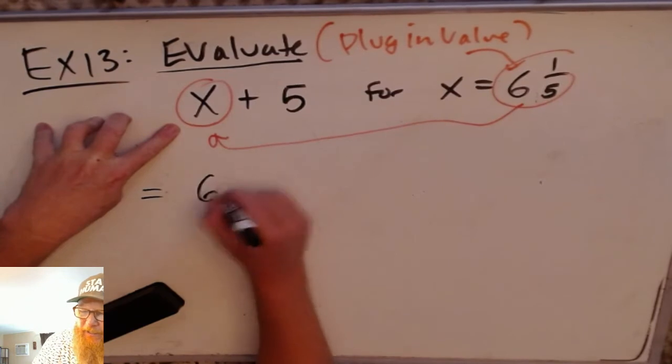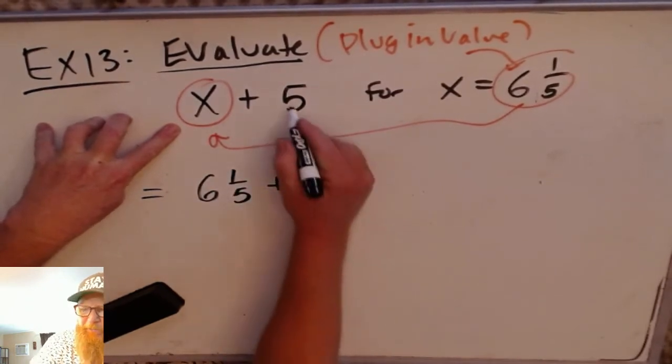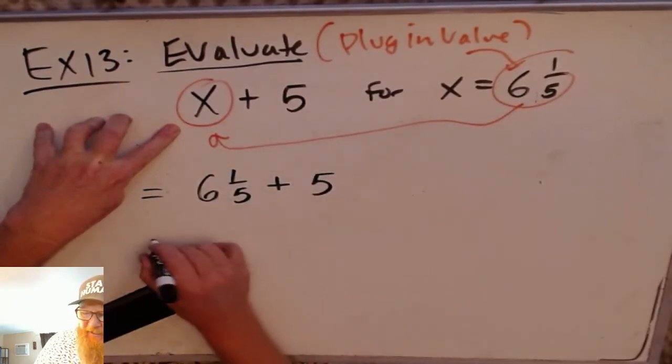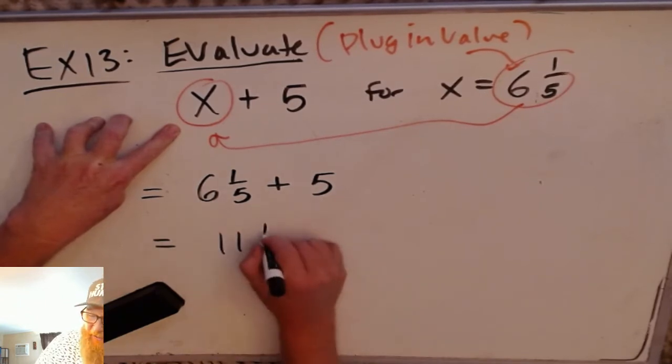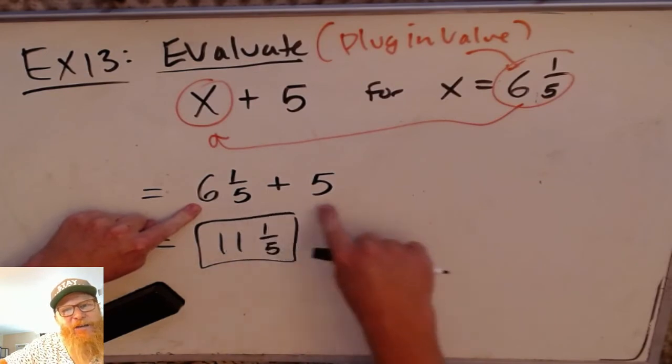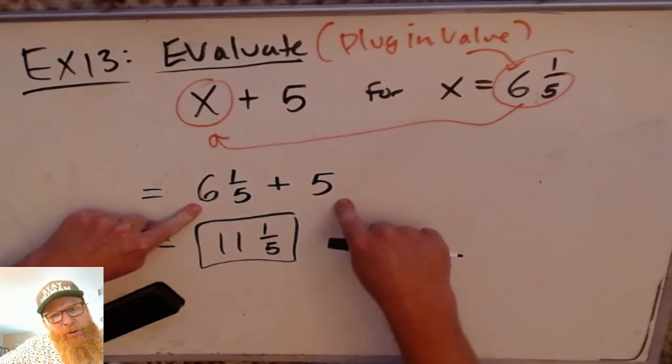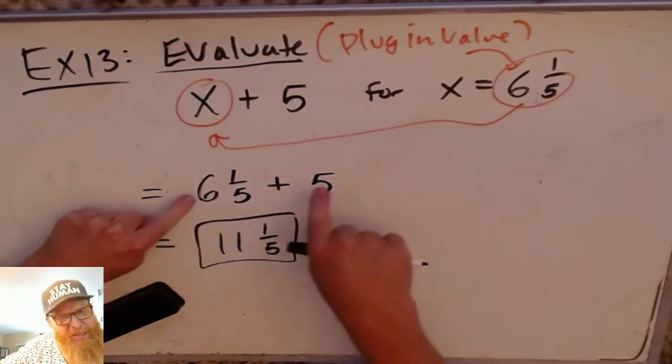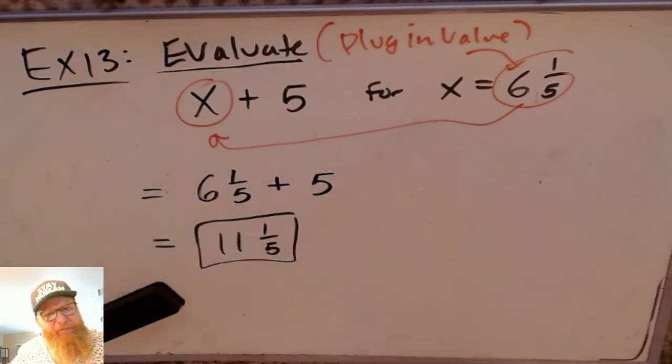So evaluate, plug in the value. So x is going to become 6 1/5 plus 5. This is essentially a free answer. We talked about this earlier. If you are adding a mixed number and a whole number, you can just add the wholes, 6 plus 5, and then bring down the fractional part.